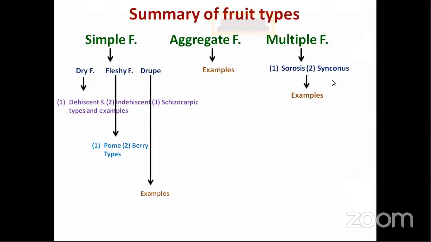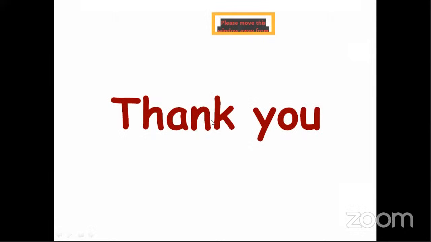Sorosis example pineapple, and syconus fig. So this is about the types of fruits, basic morphology. If you have any questions or queries regarding this, they are welcome, and any suggestions also, whether it is fast or slow or anything, any critique also, please let me know. So thank you.